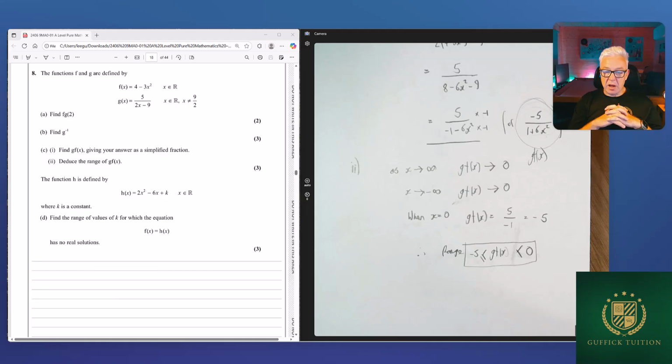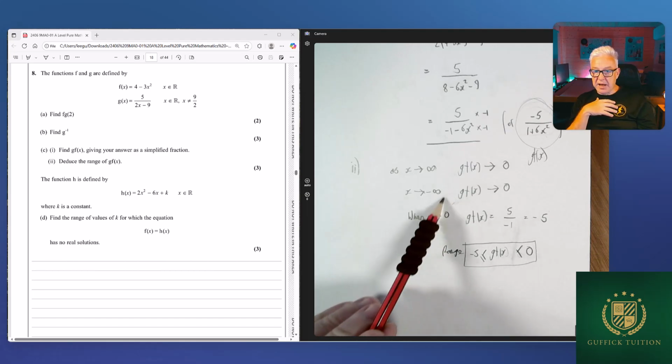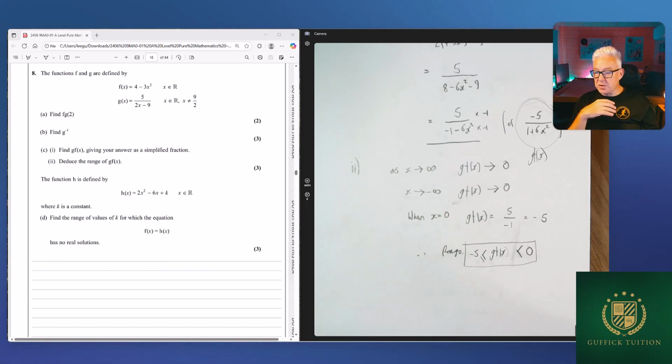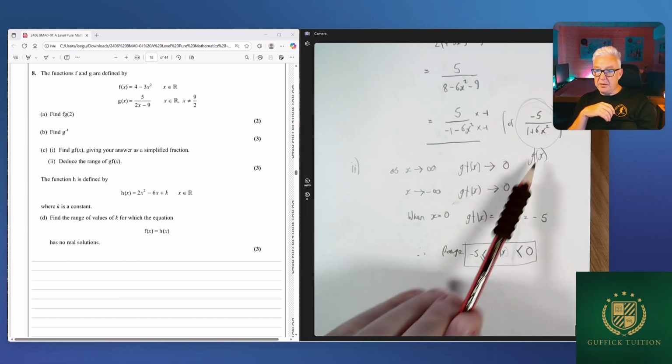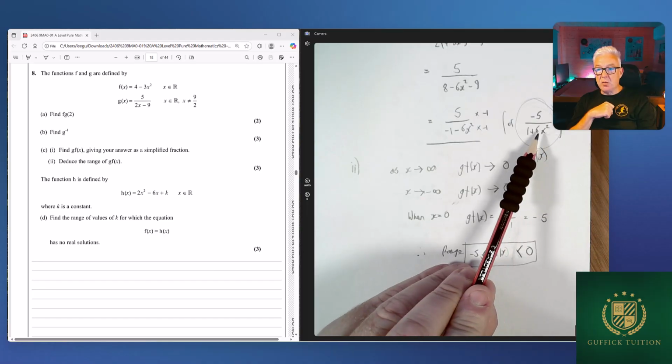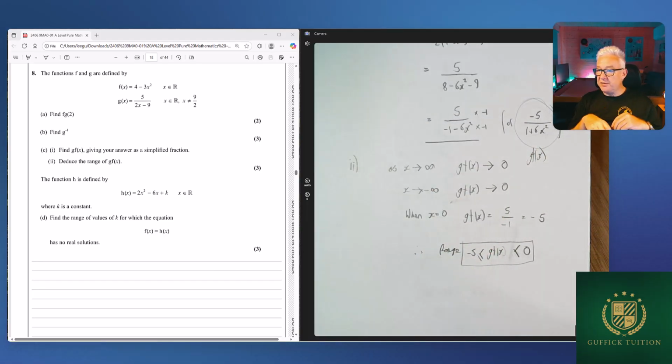So let's think about the other end of the spectrum. What happens when x is really, really small, getting smaller and smaller, going towards minus infinity? Well, again, because the x is squared, we're going to have minus 5 divided by an absolutely huge number, so it's going to approach 0.